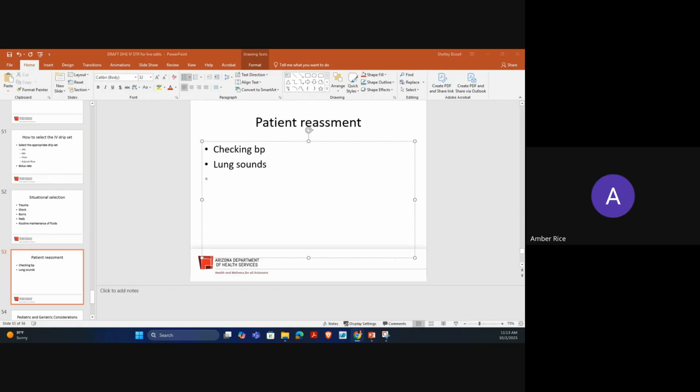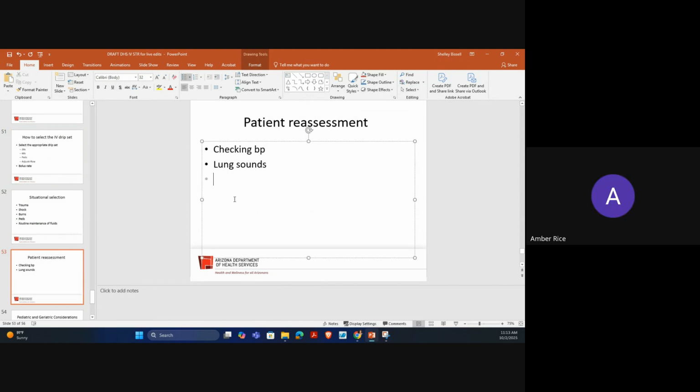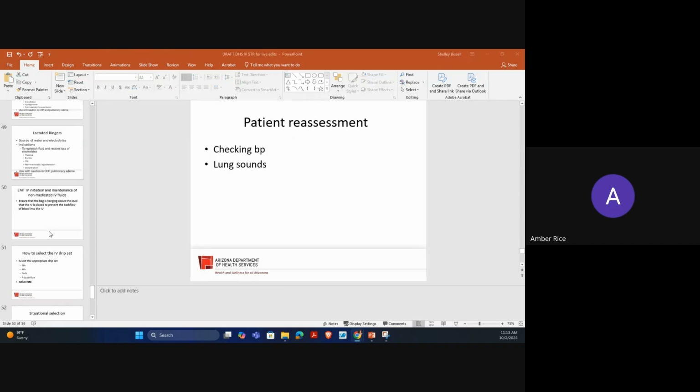Yeah, maybe we put that earlier in the slide deck. Trying to think of where that would go best. I think maybe where we have the initiation and maintenance slide, the first one we put in there, Shelley, maybe that's a good place to put that.